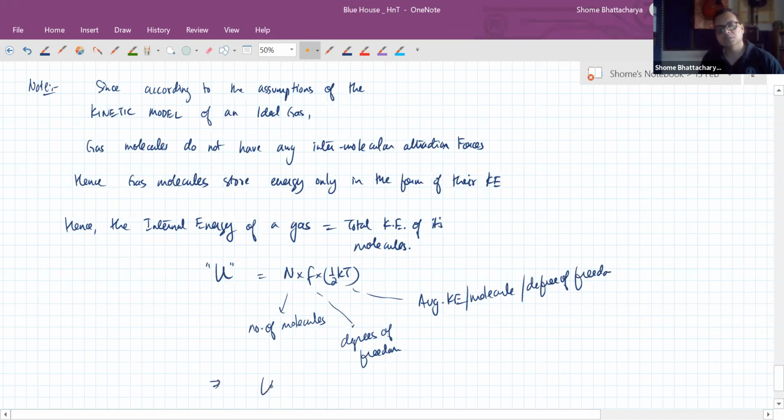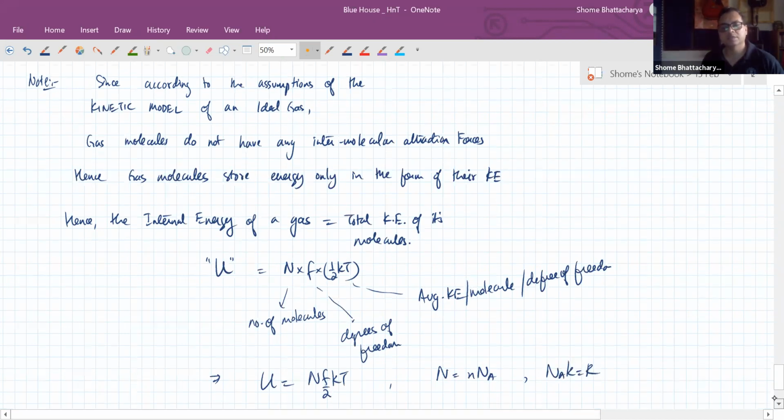So internal energy becomes this, where of course capital N is small n, number of moles, into Avogadro's number, and Avogadro's number into Boltzmann constant is R. So the internal energy is also given by this formula.